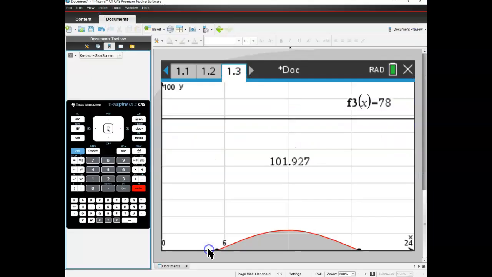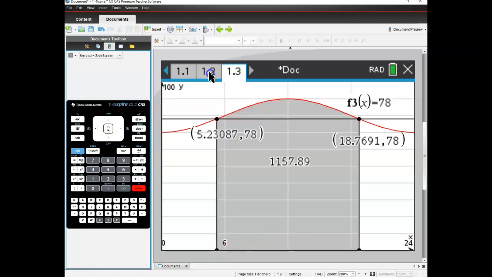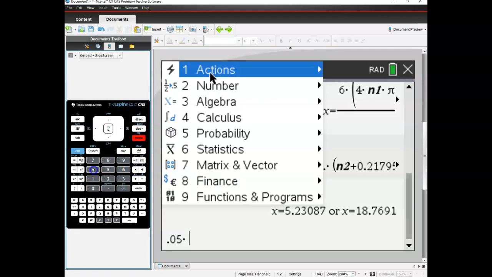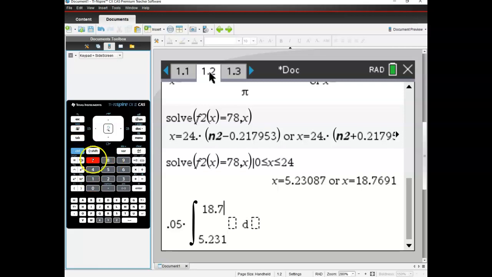Then all you do is come back to your calculator. Now it's shifted down, so if I'm going to shift it in my function, I don't want to shift it down in the graph as well. Now I'm going to say 0.05 times my integral from 5.231 to 18.769 of, I called it f2 of x, and I want to shift it down 78 units dx.